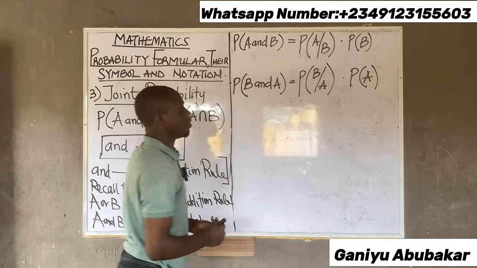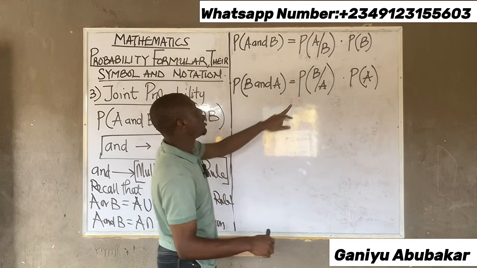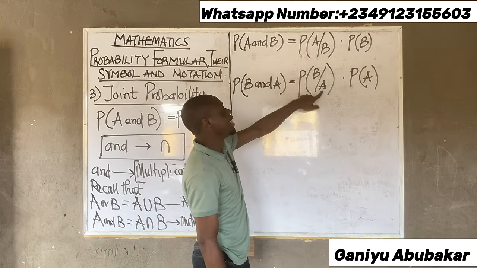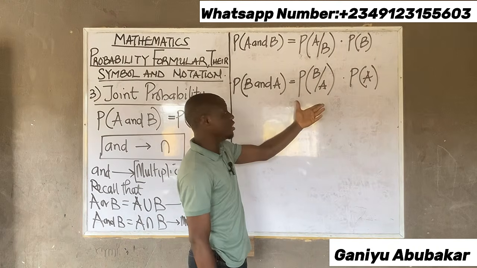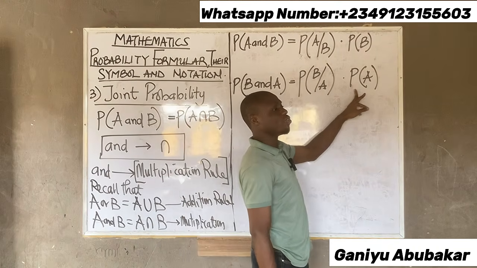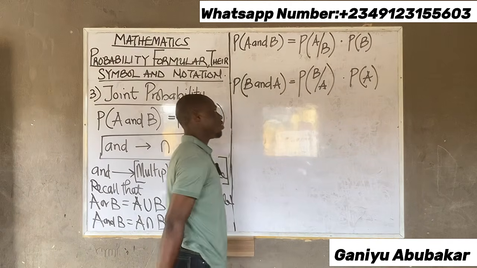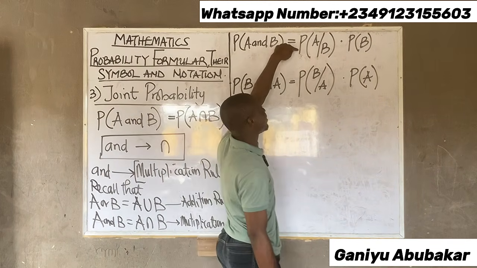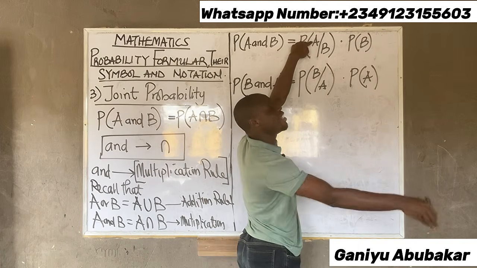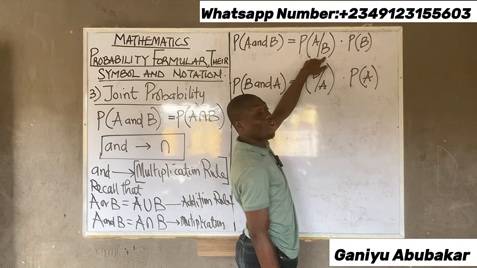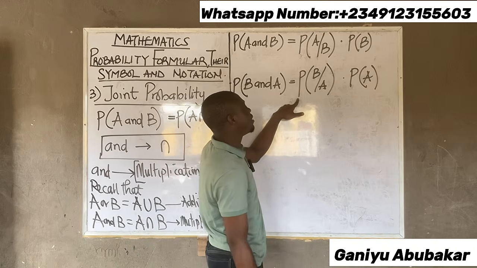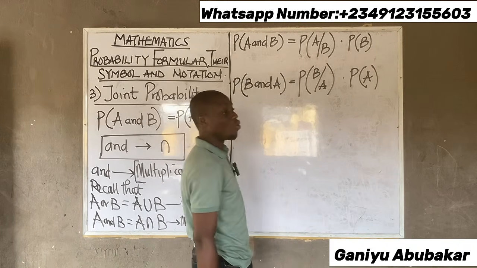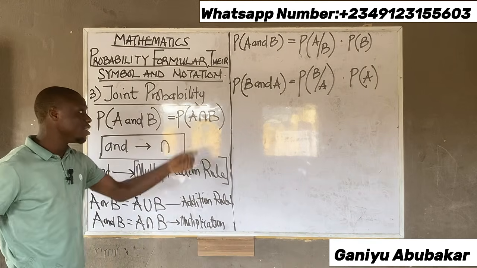This is how you read it. To master this reading, write it down: the probability that event A will occur, given that B has already occurred.